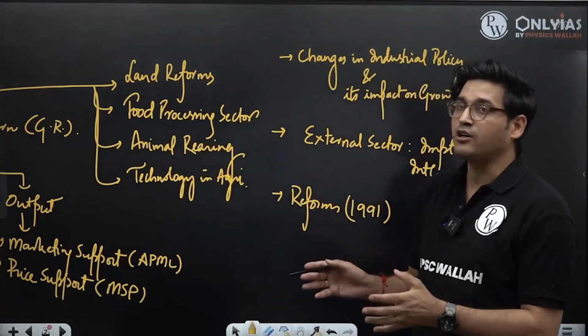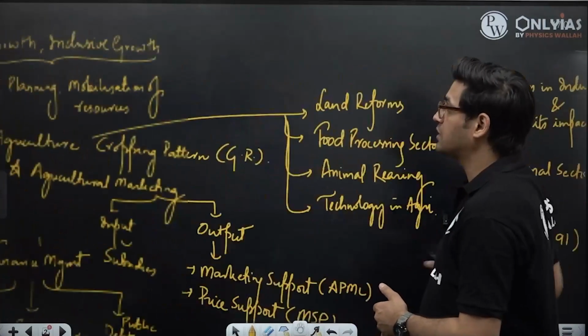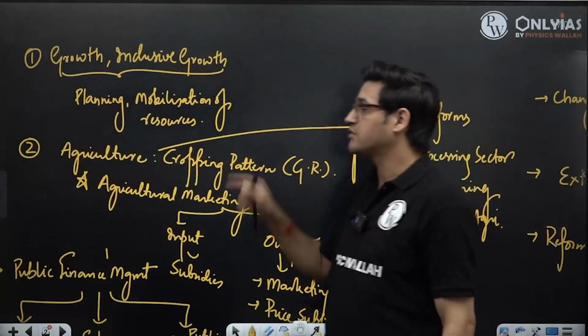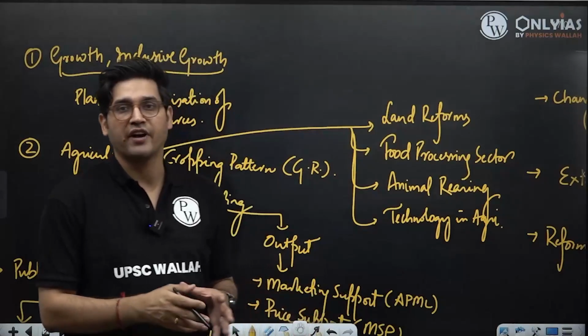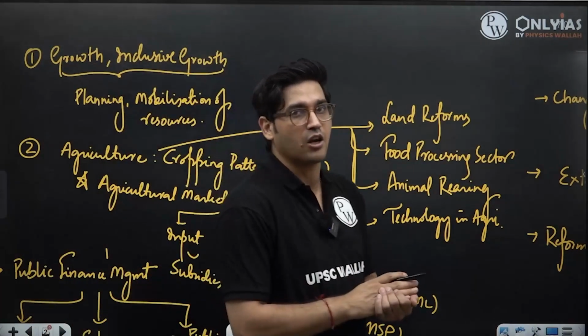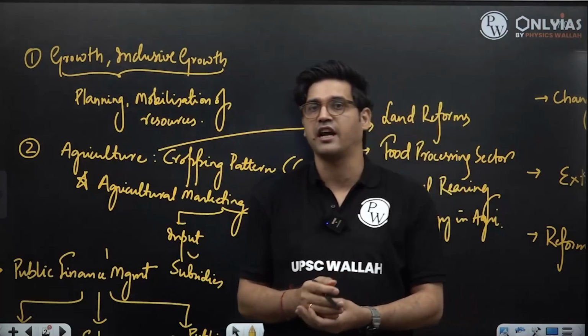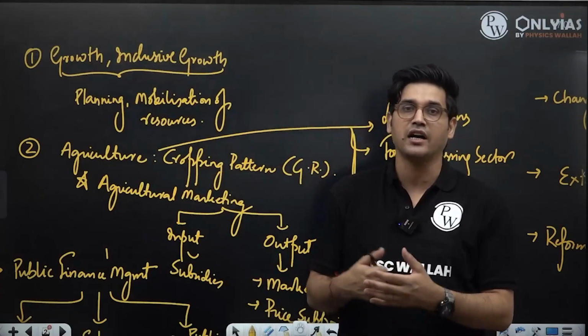There are many topics as a part of your main syllabus, like I said, starting from growth, issues of inclusive growth, planning, mobilization of resources. Herein, you will find some important considerations, important macroeconomic indicators around which you will find questions. For example, indicators around poverty, indicators around inequality, indicators around unemployment.